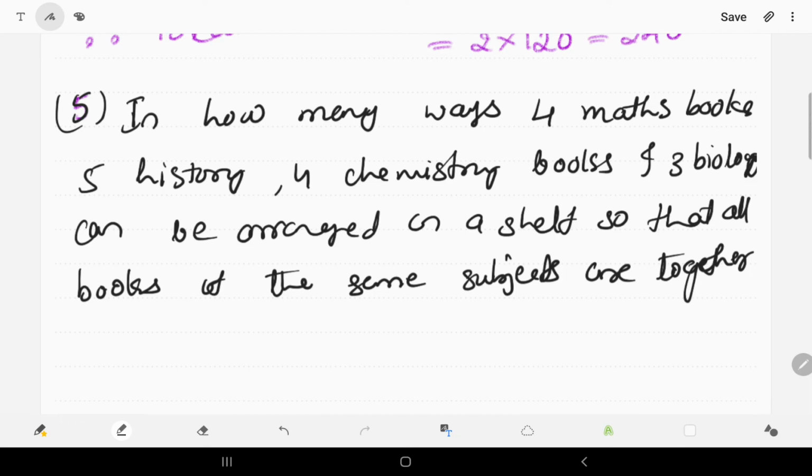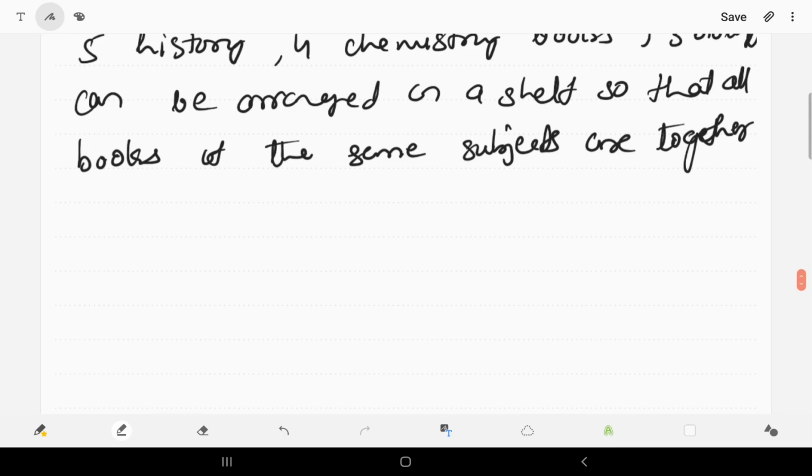Now, taking books of a particular subject as one unit, there are 4 units and they can be arranged in 4 factorial ways. Here 4 subjects are there: maths, history, chemistry and biology. So let us take all maths books as 1, chemistry as 1, history as 1 and biology as 1. So the arrangement of choices is 4P4, that is equal to 4 factorial, that is 24 ways.